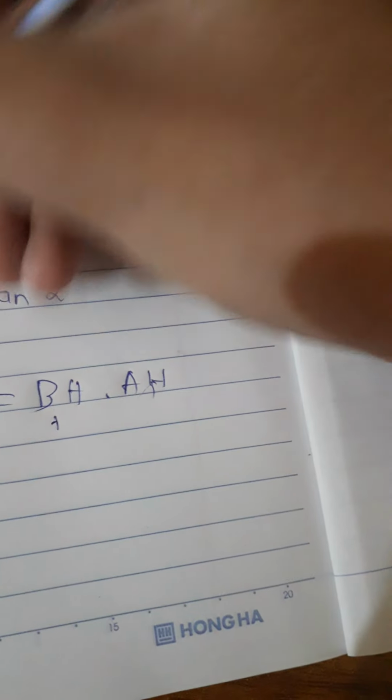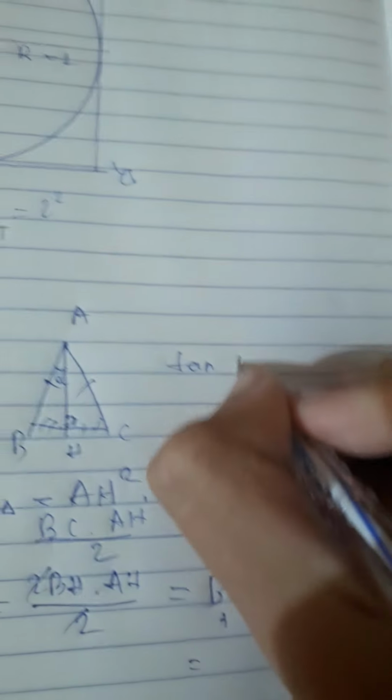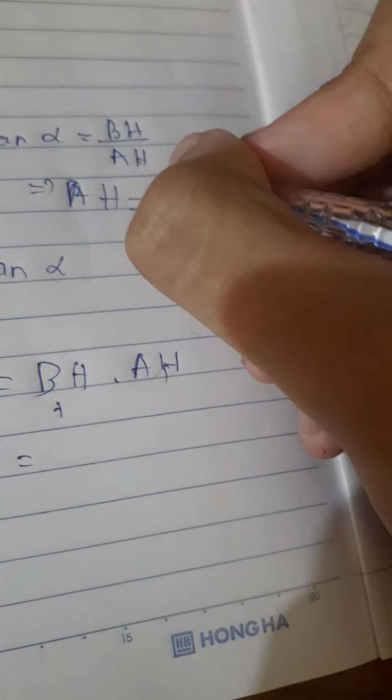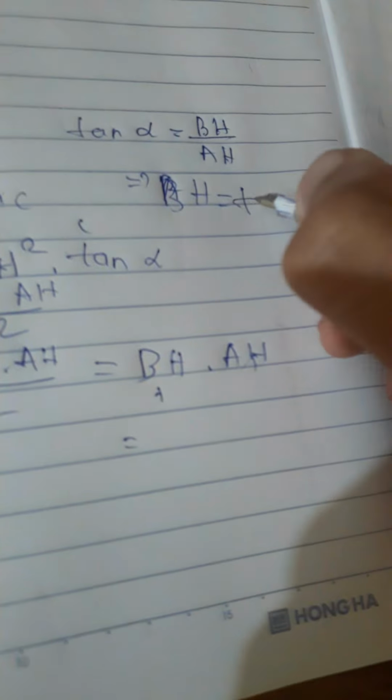Okay, so BH. Now BH can be written in terms of AH because the tangent of alpha is just BH divided by AH, which means BH is just the tangent of alpha multiplied by AH.